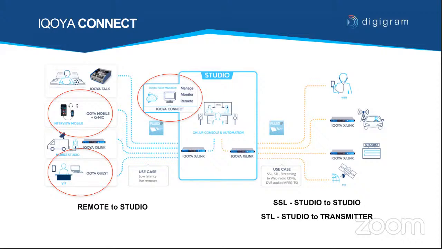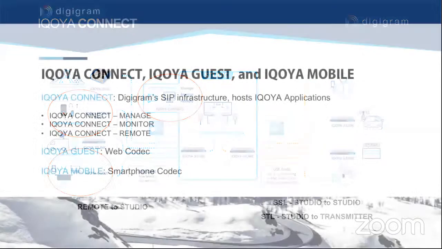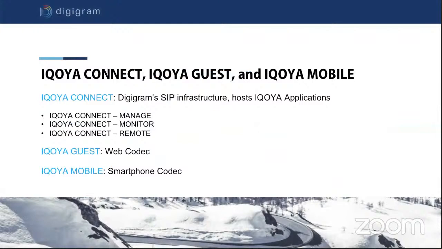You could run an entire radio program and show from a web browser. And I'll actually give you an example of such a facility that's doing that now in New York. So Akoya Connect, Akoya Guest, and Mobile, these are all new and available. The only exception to that statement is Akoya Mobile is coming out slightly later this year.